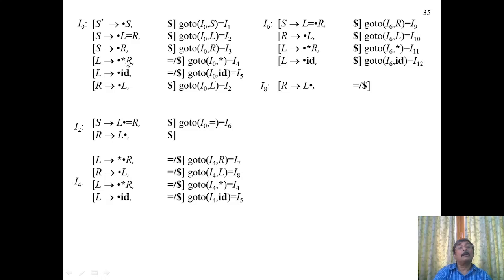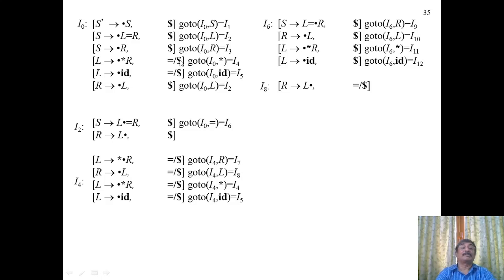Now, why this equality then? I came from this, I use this dot to get this item. What is the beta? This beta starts with equality and R. And therefore, equality R and dollar taken together, first of that would be equality.